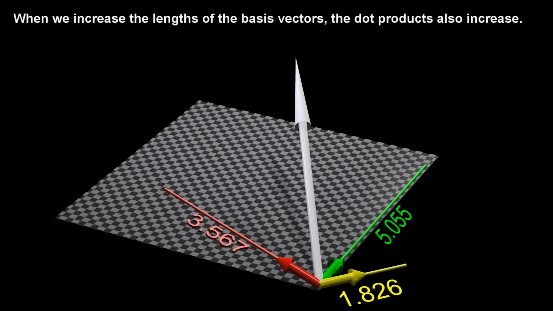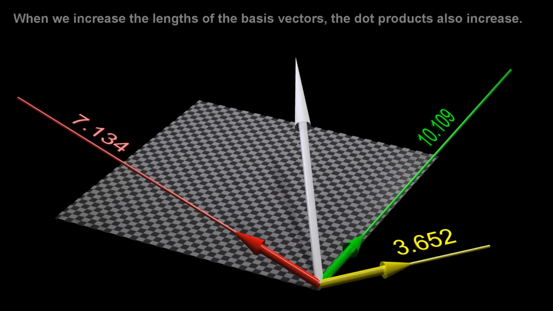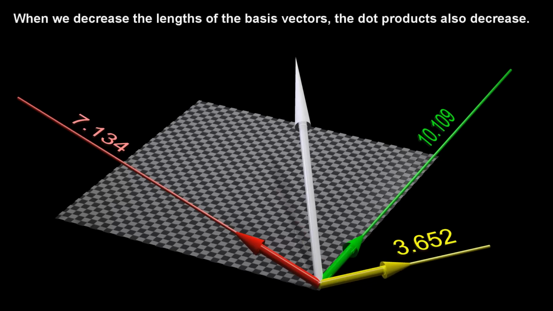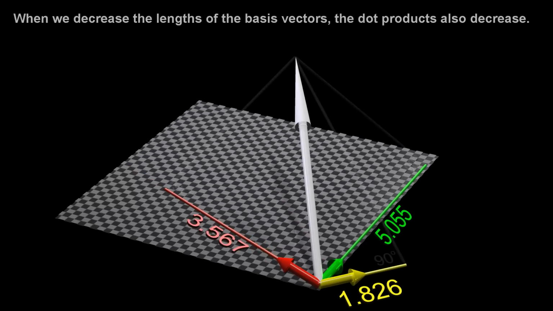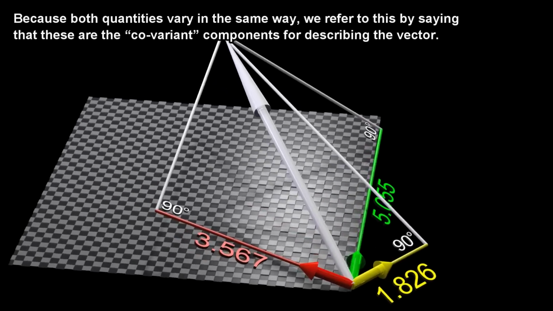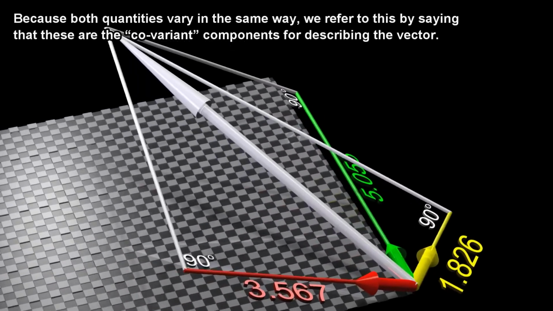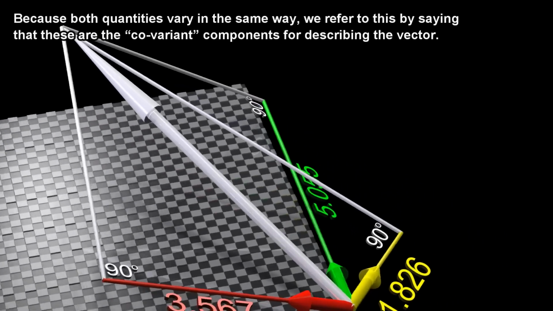When we increase the lengths of the basis vectors, the dot products also increase. When we decrease the lengths of the basis vectors, the dot products also decrease. Because both quantities vary in the same way, we refer to this by saying that these are the covariant components for describing the vector.